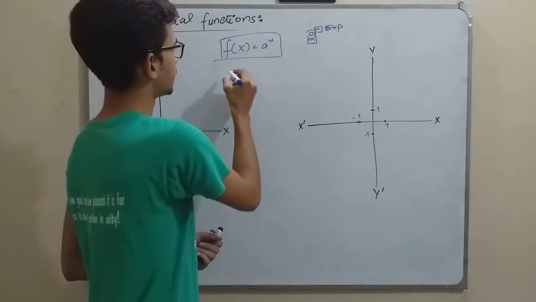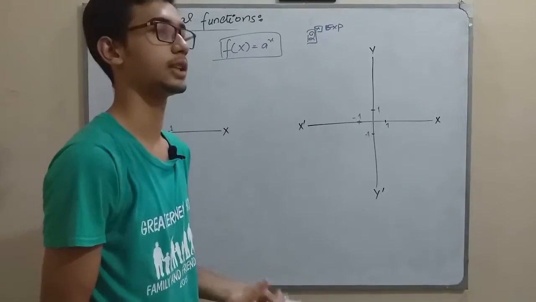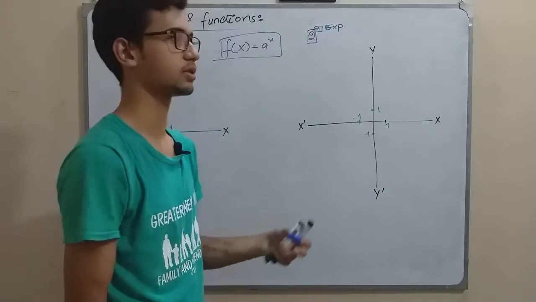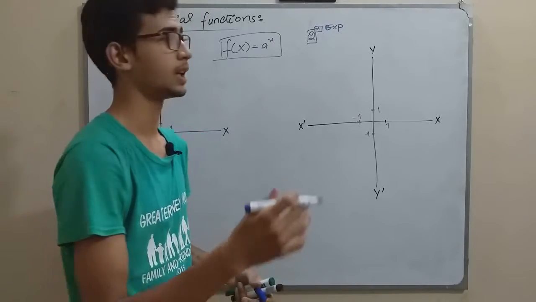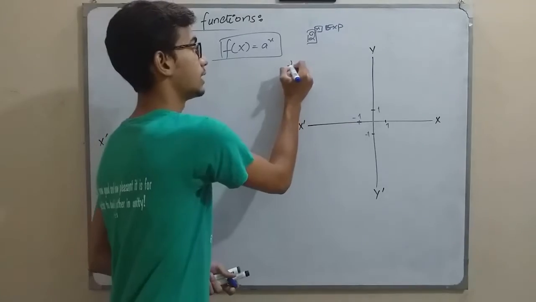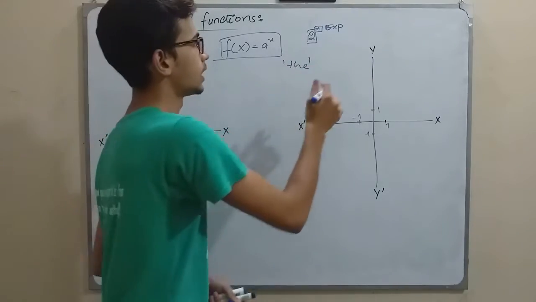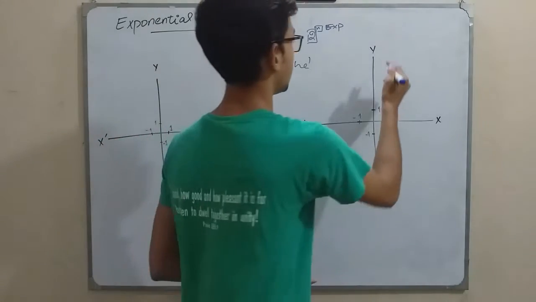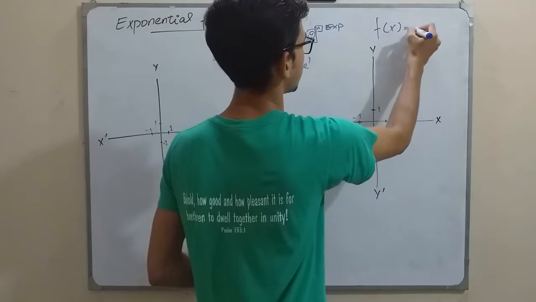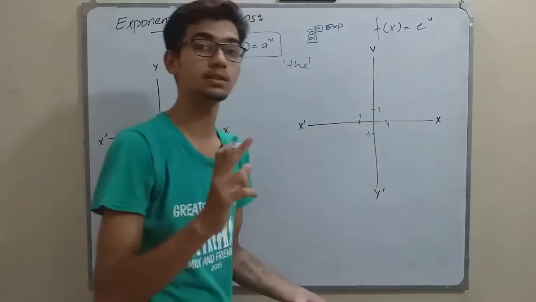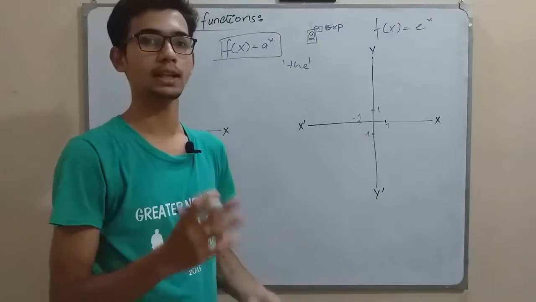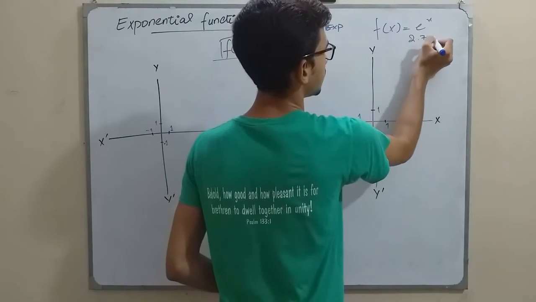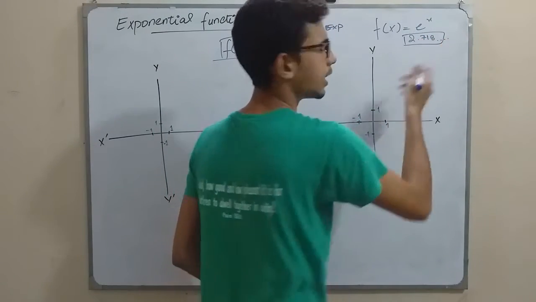There is another exponential function which is also known as the natural exponential function, or the exponential function, f of x is equal to e^x, where e is Euler's number, E-U-L-E-R, and its value is 2.718 and so on.